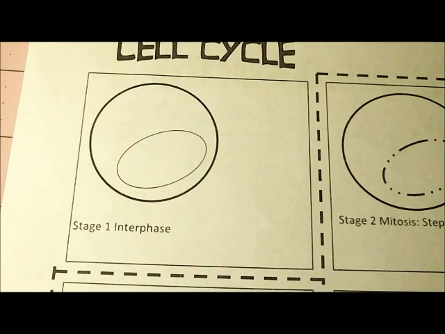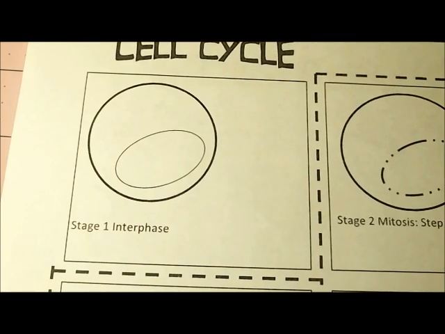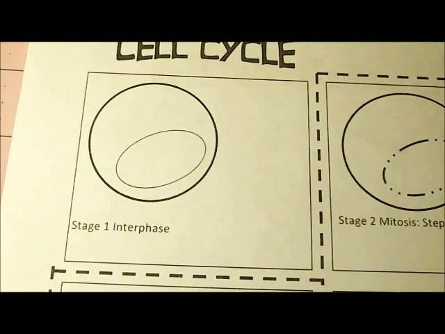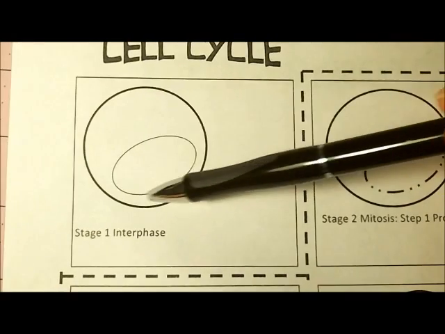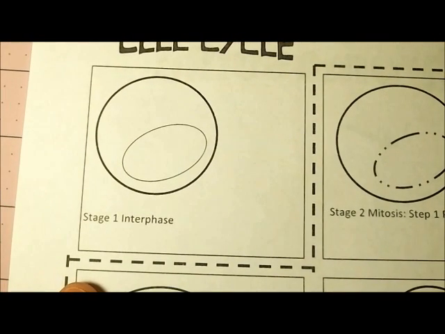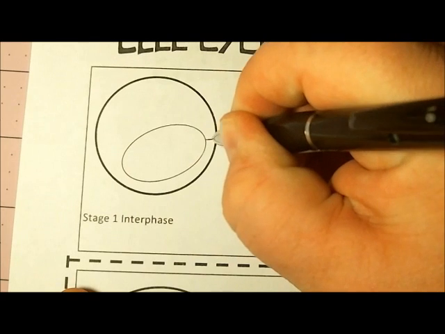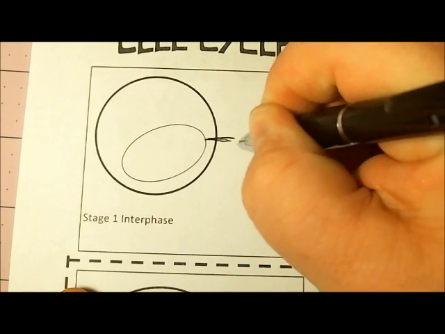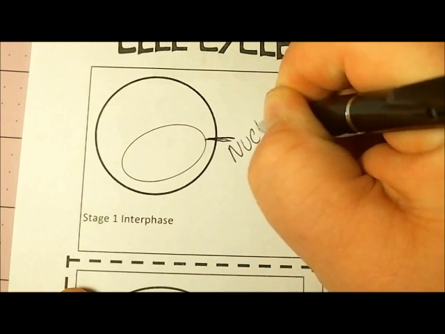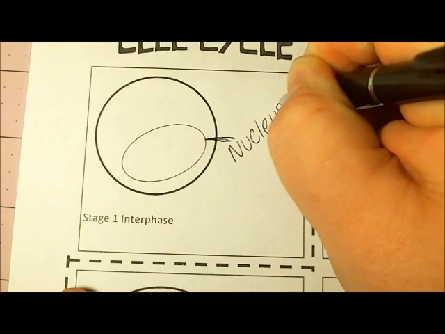So if we look at our cell parts here, we have a big organelle in the middle, and then we have a cell membrane. So what do you think that big organelle is? If you guess the nucleus, that would be correct. So let's label that nucleus.